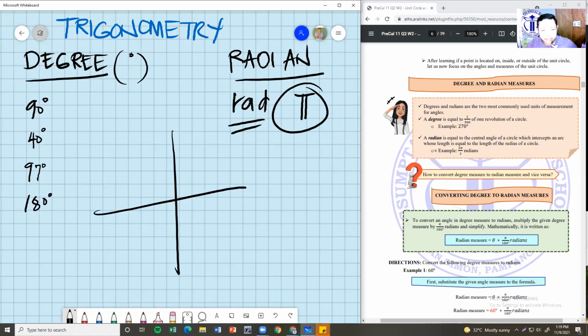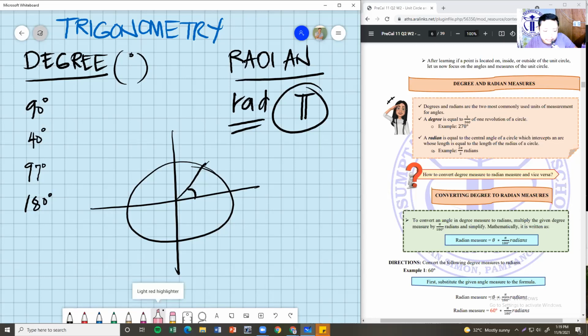If this is our Cartesian plane, there's a circle. Radian measure is equal to the central angle of a circle, which intercepts an arc. This is the arc, whose length is equal to the length of the radius of the circle.